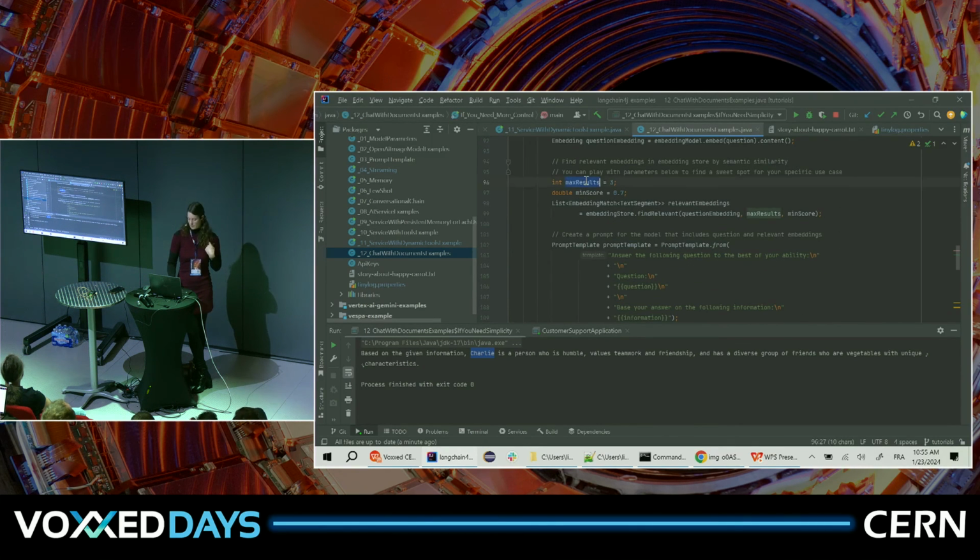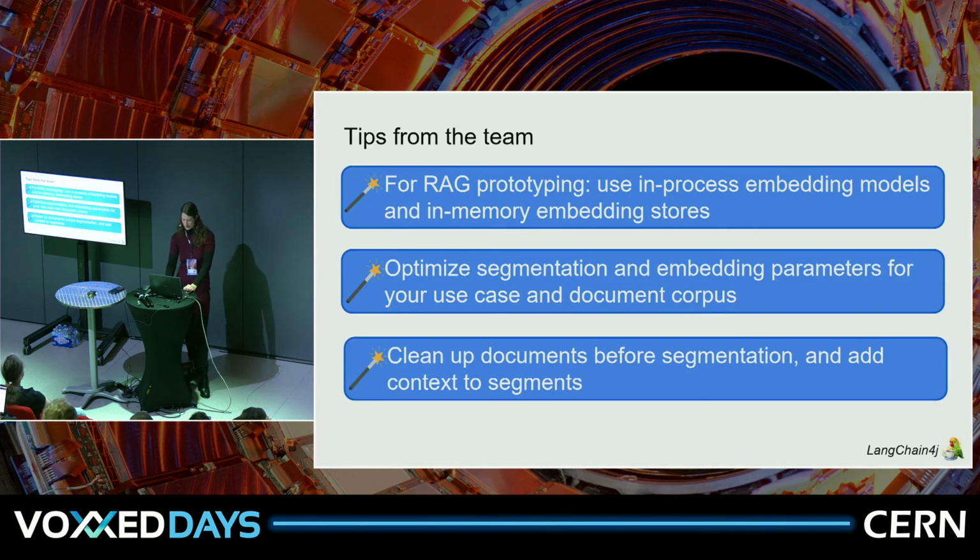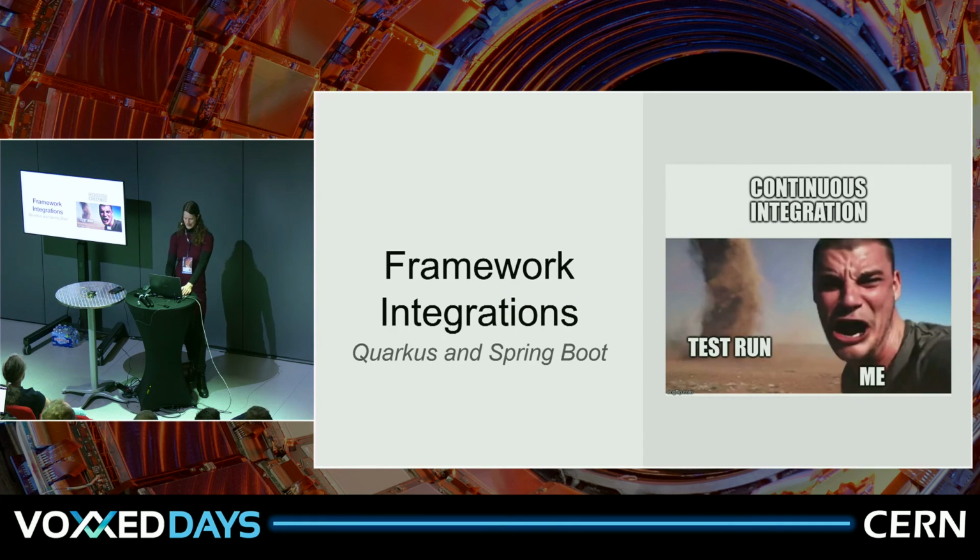Maximum 3 results to be retrieved with the minimum score of this. So it's worth tweaking those for your application, and to clean up your documents. For example, you might want to add the title to every segment because sometimes it's unclear what it's referring to.